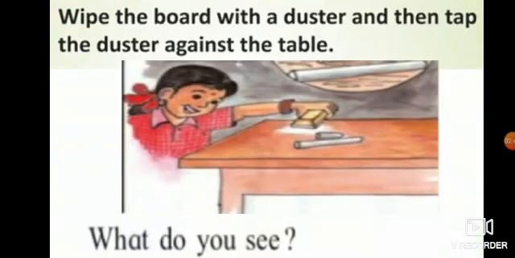How do we wipe the blackboard? Can you tell me? Yes, with the help of the duster. When we wipe the blackboard with the duster and tap the duster against the table or near the window, what changes do you see around you?